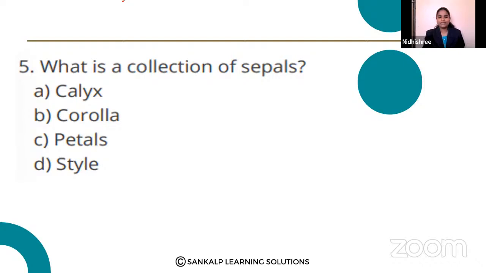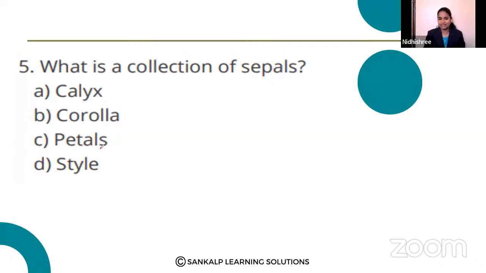Many of you answered this. Deepthi, Madhumita, Kiran Kumar, Jyoti, Madhu, HM, Samrin, Taj, Fatima. Great. All of you answered it correctly. Option A, calyx, is the right answer. Calyx is the collection of sepals.